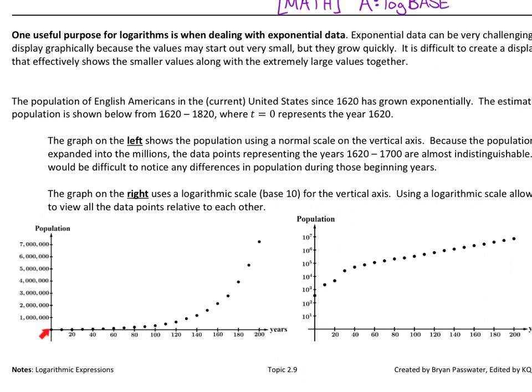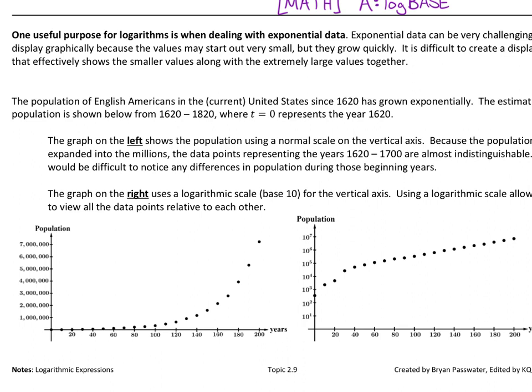So this first data point looks like it's at 0, 0, which is really misleading when it comes to reading exponential graphs. What logarithms allow us to do is take an exponential graph and graph it on what's called a logarithmic scale, so that we can see more information about what happens early in the data while also seeing what happens later in the data at the same time.